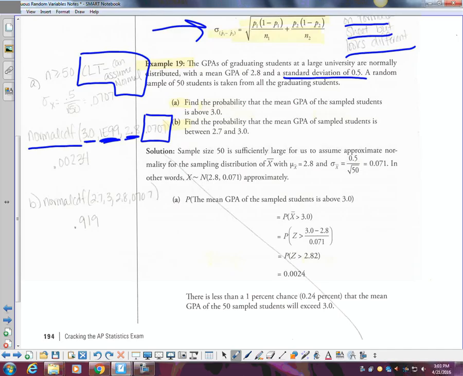What do you think people would put there as their standard deviation? 0.5. Why do we not? Because we have a sample size, right? That 0.5 is the standard deviation for who? The population. I need my standard deviation for my sample, so that's why I have to do this. You would show the formula, plug your numbers in, and show them the answer. And that's the number that goes there.